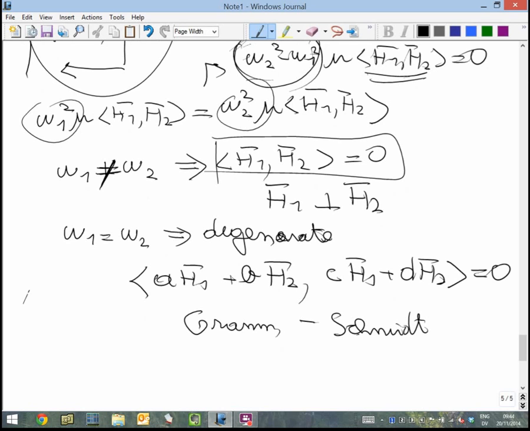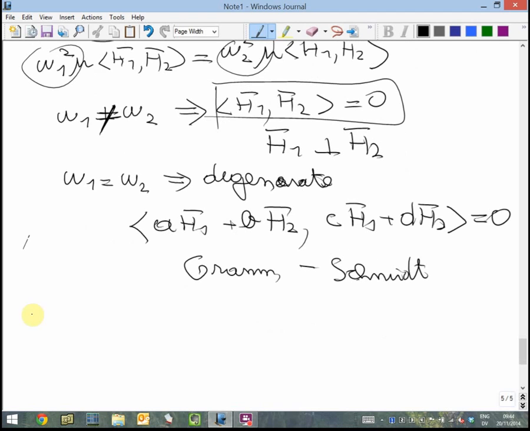Okay, so that was about the orthogonality of the modes and about the concept of degenerate modes. Now, before I wrap up, I want to say something on what we mean by degenerate modes, and more specifically what we don't mean by degenerate modes.